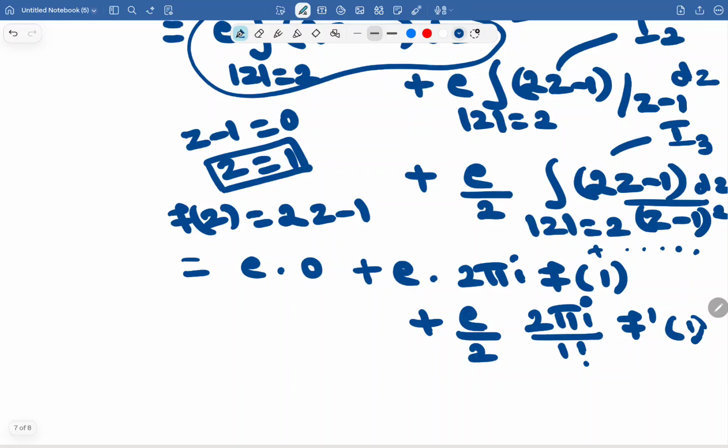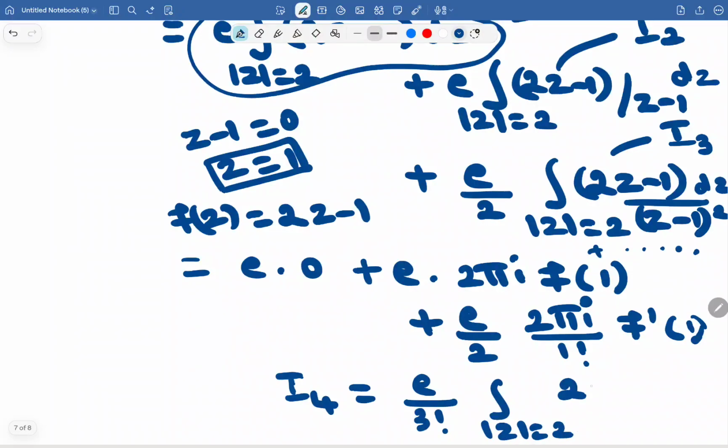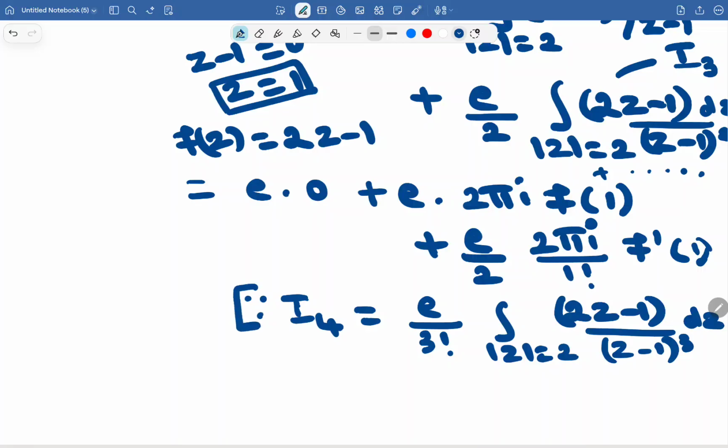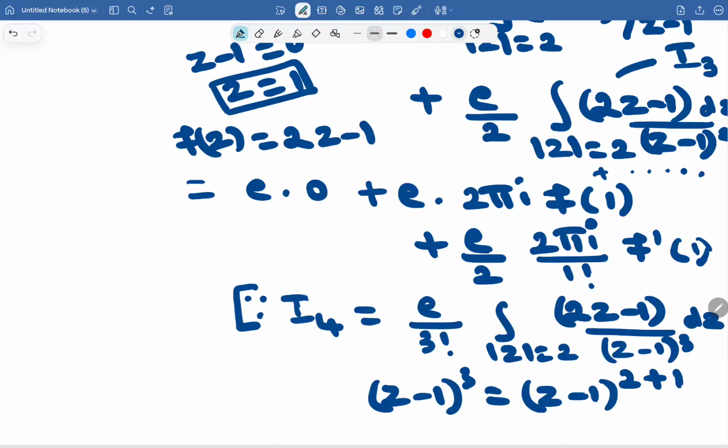See, for I4 the answer is 0, because I4 is e by 3 factorial integral mod z equal to 2 of (2z minus 1) by (z minus 1) whole cube dz. (z minus 1) whole cube can be written as (z minus 1) power 2 plus 1.